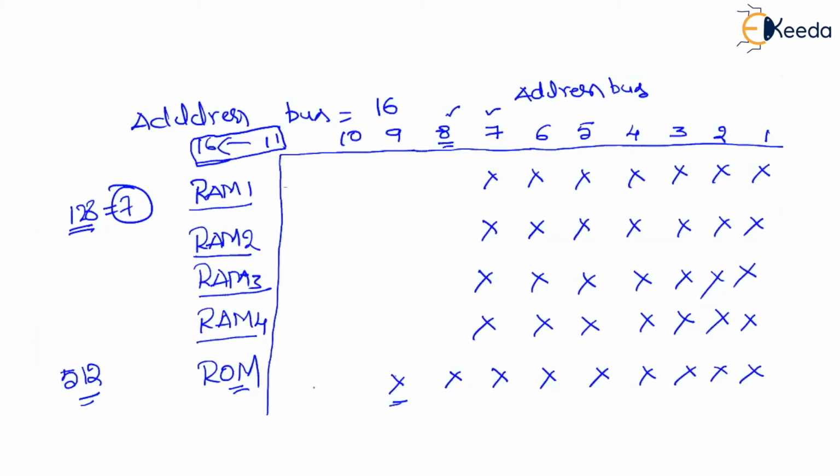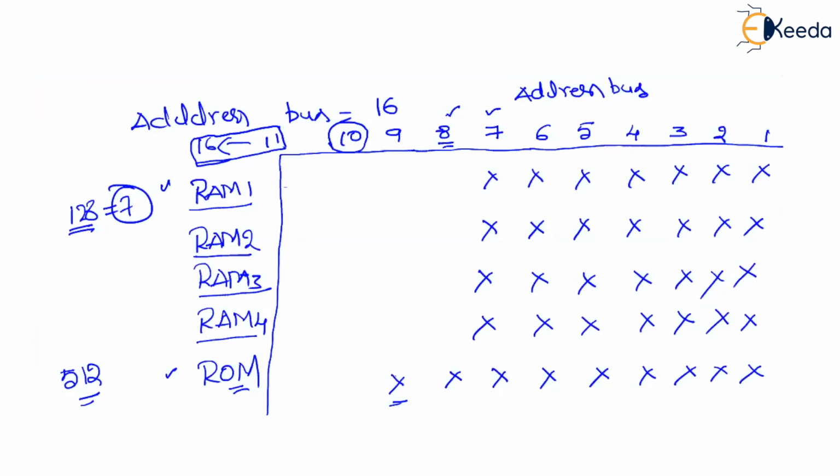Whenever there is an address reference sent to main memory, first of all, we need to identify whether this address reference is communicating with either ROM or RAM. In order to differentiate between ROM and RAM, being designers, we can use one common unused digit between RAM and ROM. What is a common unused digit?